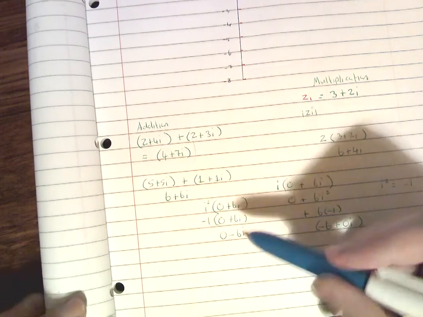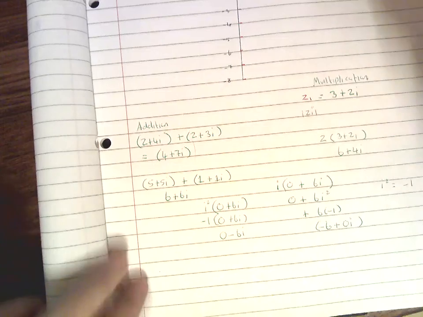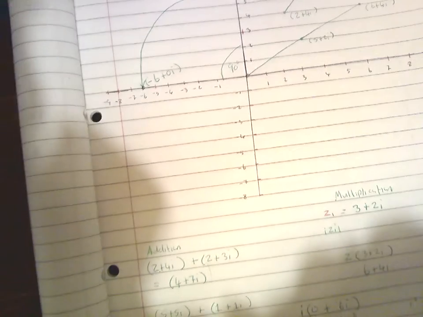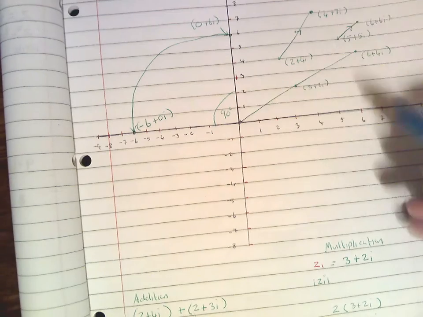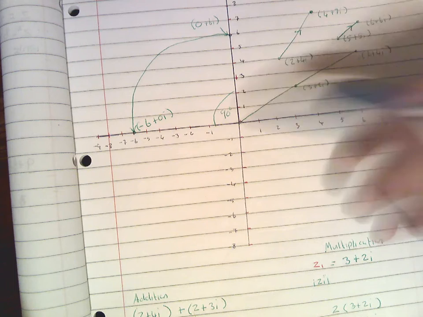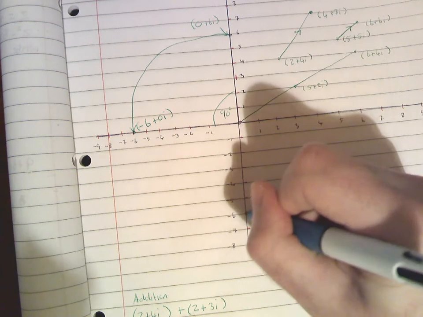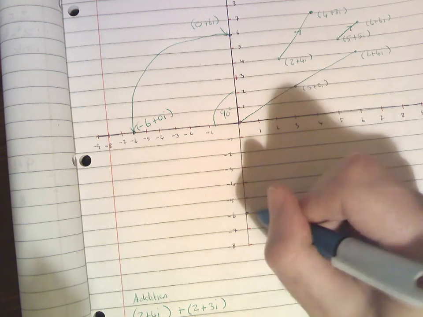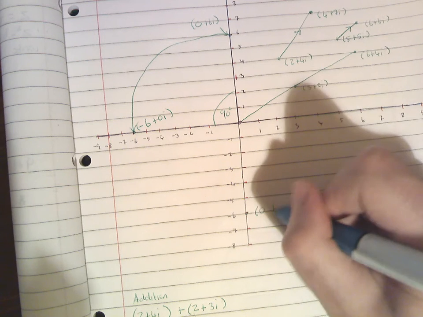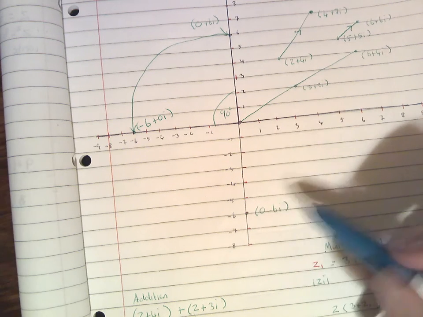If we were then to plot this on our diagram, 0 minus 6i, again we go back to our diagram here. The real part is 0, and then the imaginary part is minus 6i, so it ends up down here. So this is 0 minus 6i. That's where it ends up.